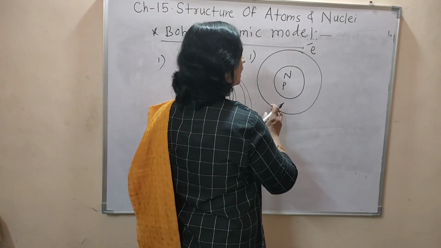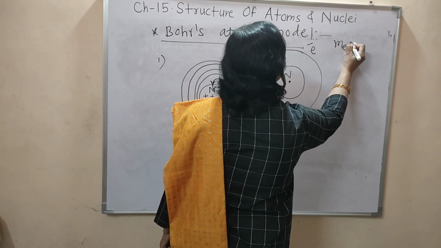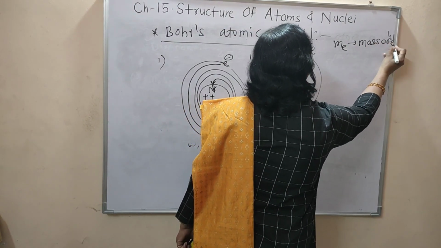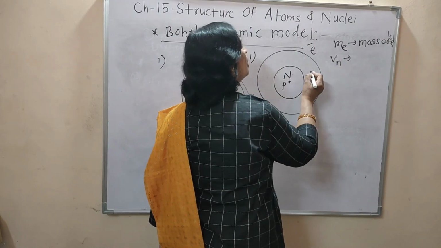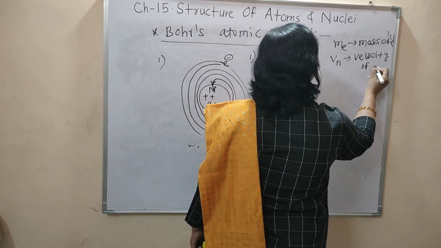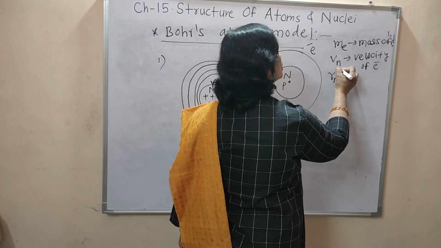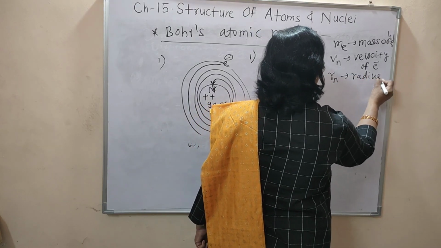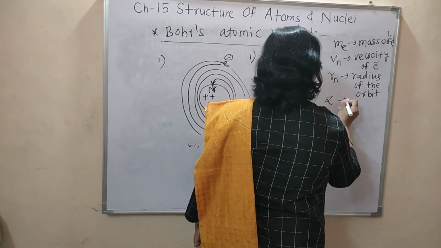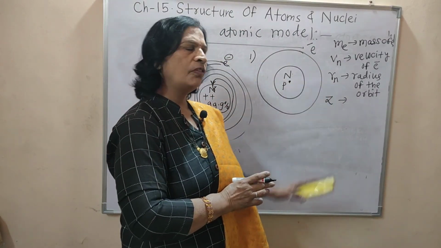Let us consider the terms: me, the mass of the electron; vn, the velocity of the electron in the nth orbit; rn, the radius of that orbit; and Z, the atomic number, that is the number of protons or the number of electrons.